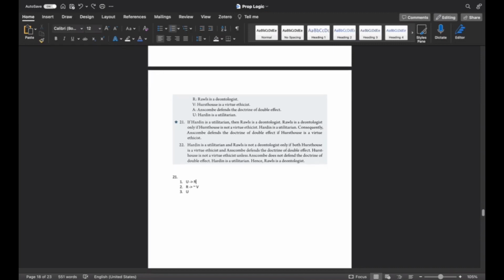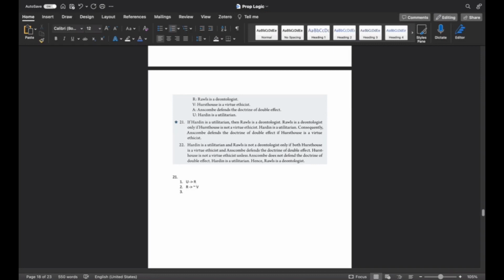So rule is again only if Hurst is not over. Because Harden comes up two times.